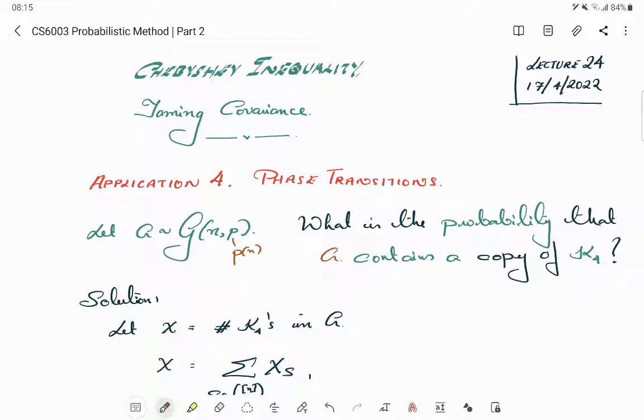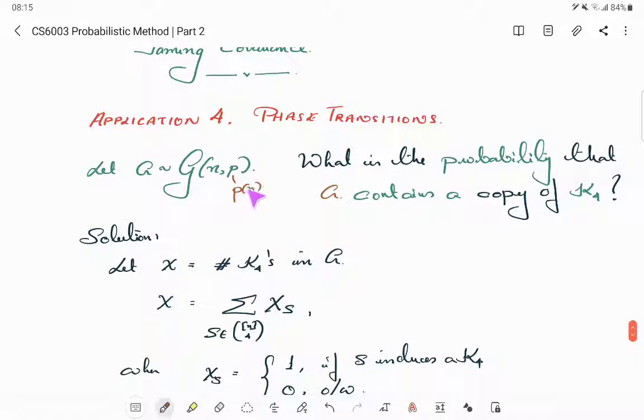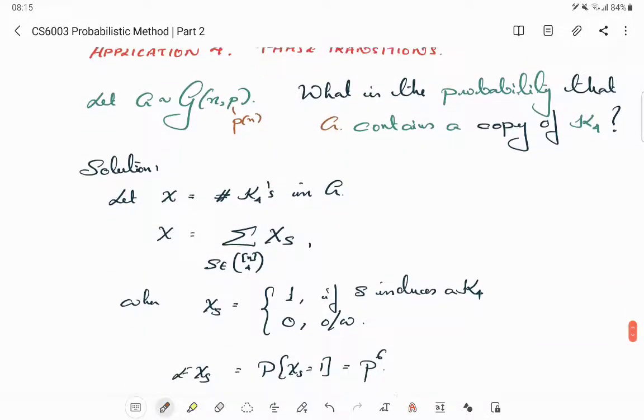Like you can ask, what is the probability that G(n, 0.5) will contain a K4? But it will turn out that if you put a constant here, then for large enough n, the answer would just be 1. It will almost surely contain a K4. So to get a finer understanding, we will work with p being a function of n. You will see the motivation once you go through the solution.